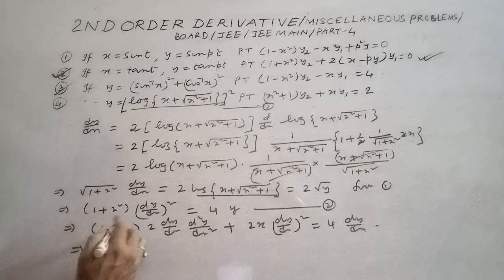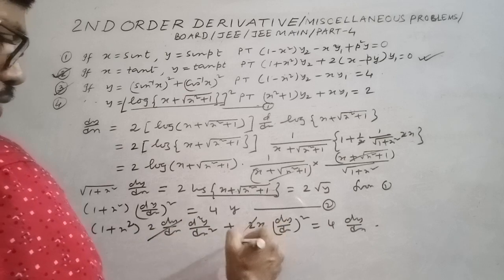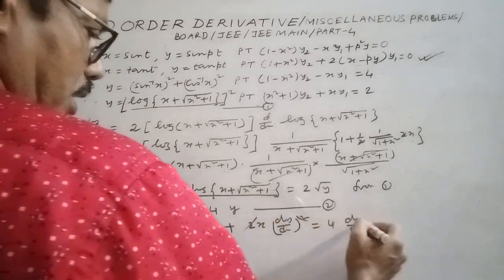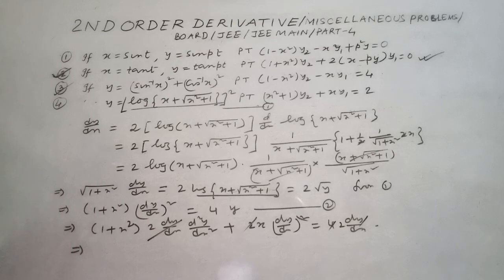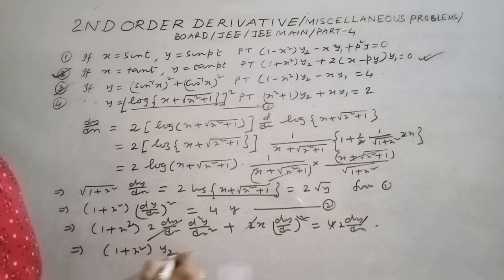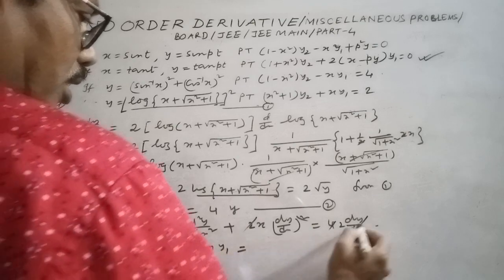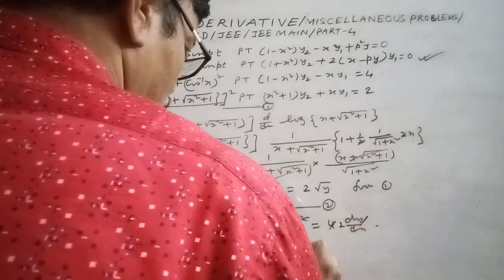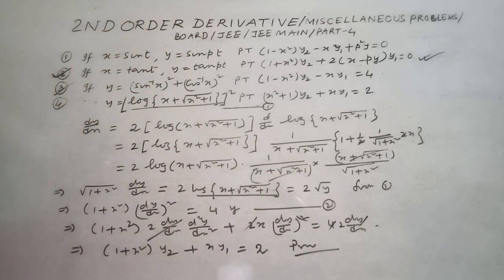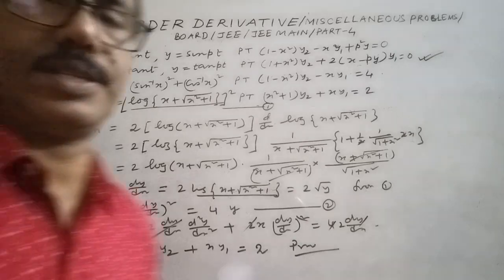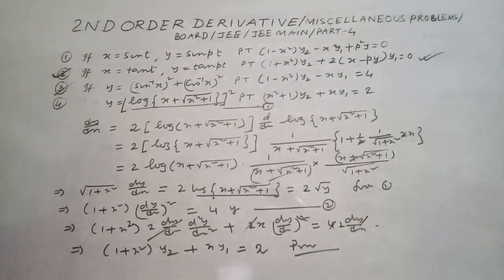So finally, 2 dy by dx will be cancelled out. So finally we are getting (1 plus x square) y2 plus x y1, as 2 dy by dx cancels. So we are getting the result. Same technique.